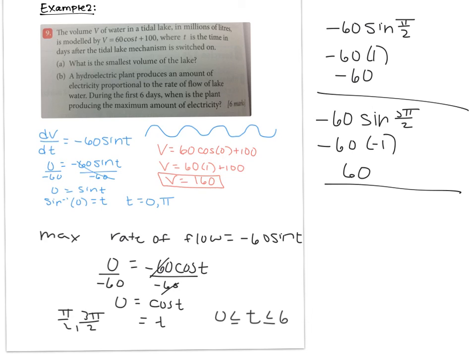And then we're going to check the two endpoints. Negative 60 times sine of 0. Sine of 0 is 0, so negative 60 times 0 is 0. So that's not it. Then we check sine of 6 times negative 60.